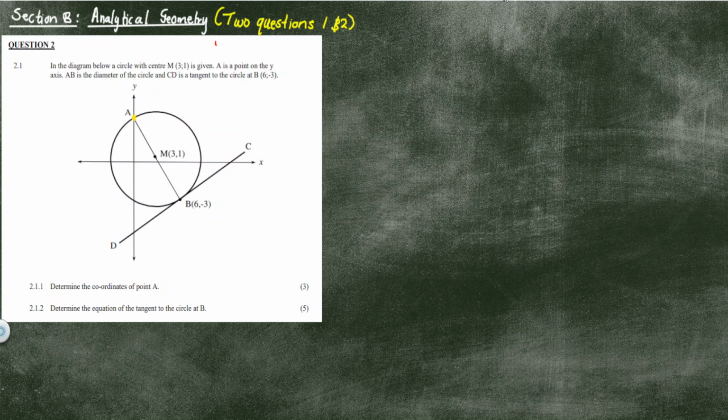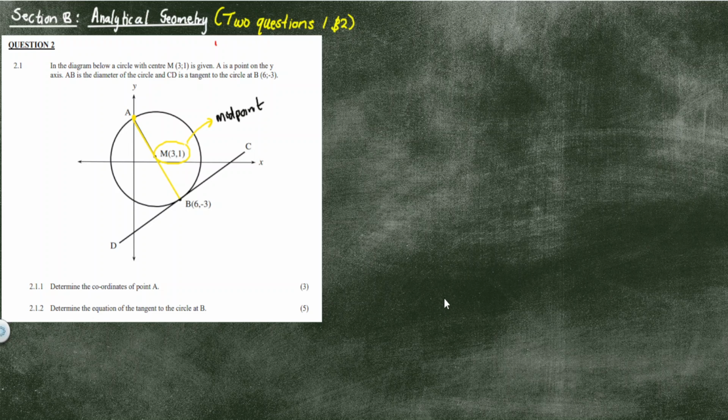Check, this line AB, it's a straight line. And it happens to be a diameter of that circle. Ne? The coordinates M found in the center of the circle are what we refer to as the midpoint. It's the midpoint of the line AB.